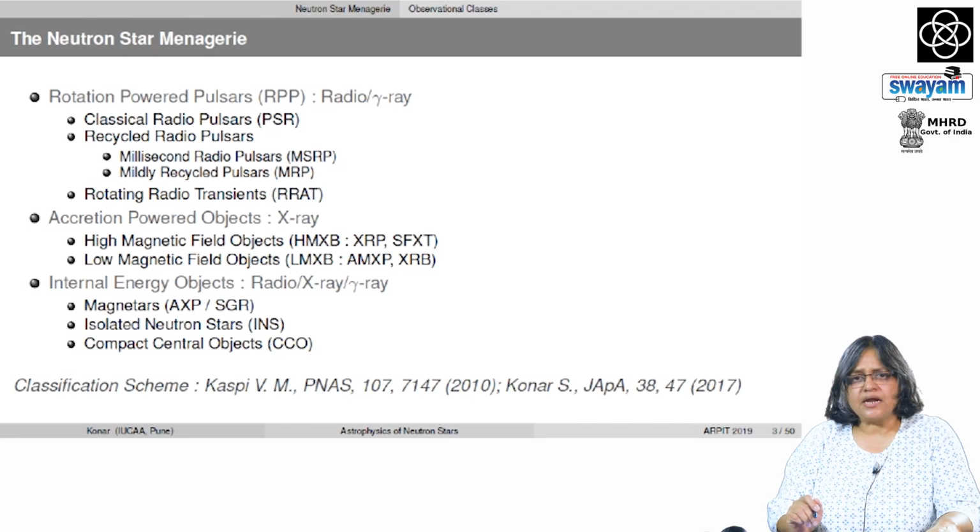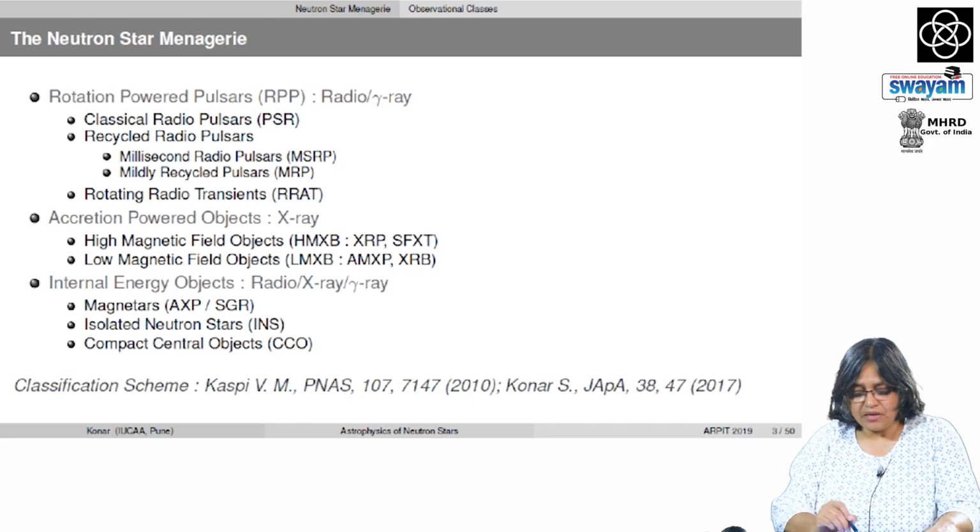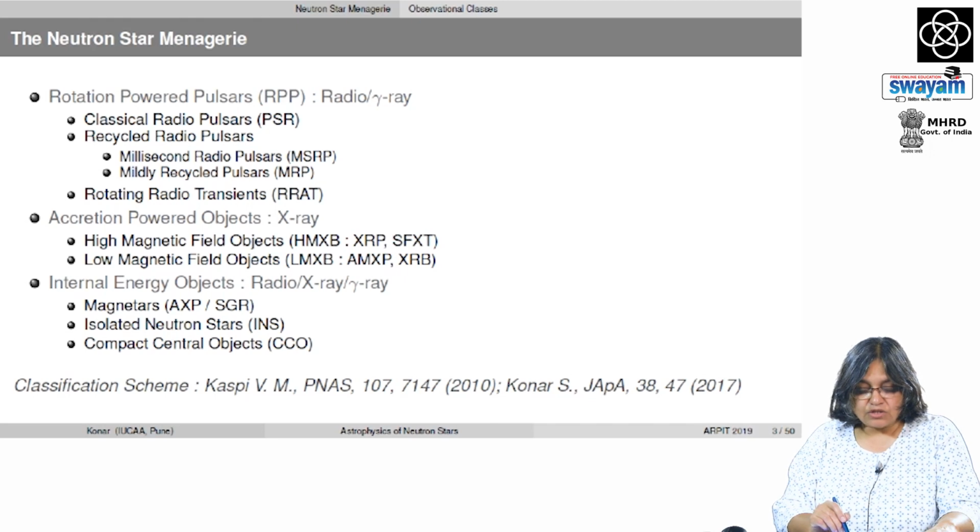The objects that are associated with these two classes are XRPs, which are X-ray pulsars, they are pulsars, but emitting in X-rays, and soft X-ray transients. Similarly, for LMXBs, the objects that are associated are accreting millisecond X-ray pulsars and X-ray bursters.